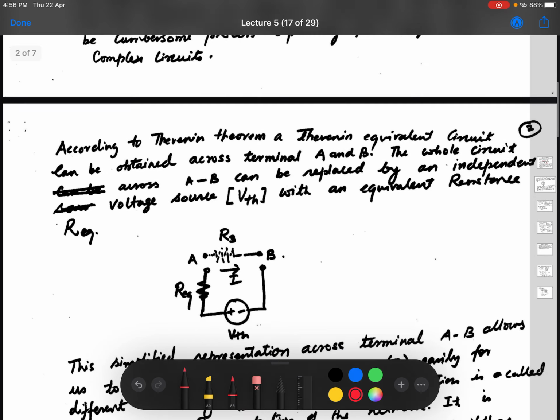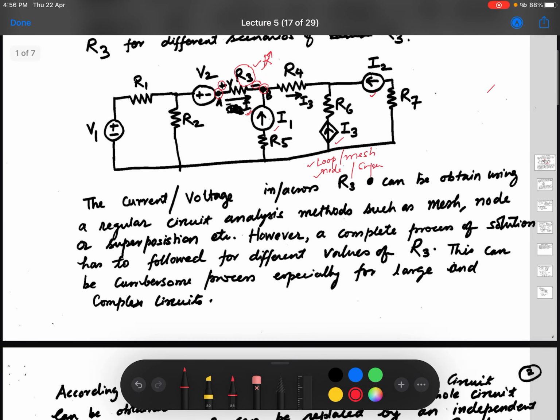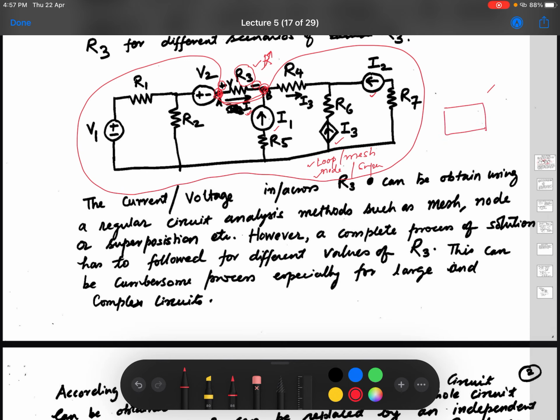Thevenin theorem says that if you have a complicated circuit like this, and if you are able to find the points of interest, that is A and B, then any complicated circuit, this whole set up to this point, can be put into a box, and let's say these are terminals A and B. This box, which is a complicated circuit, can be represented by a voltage source.